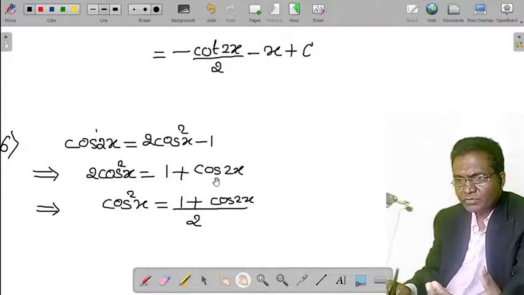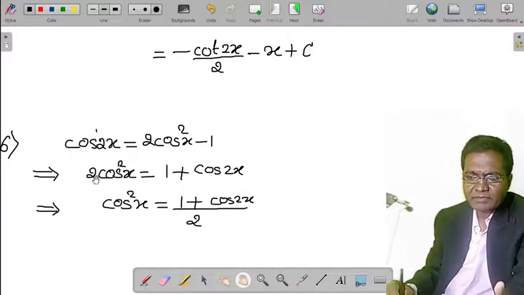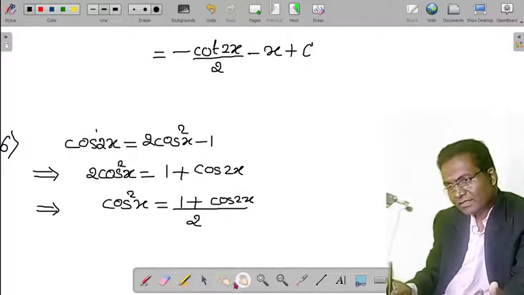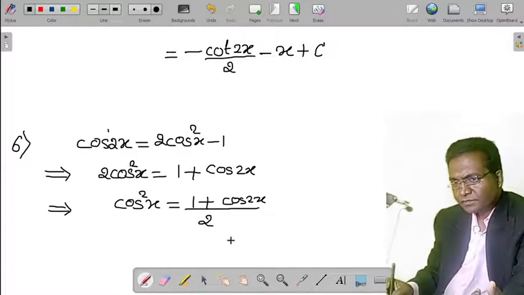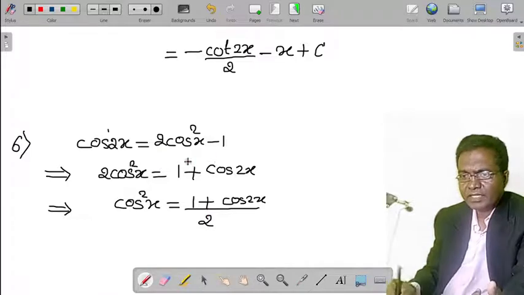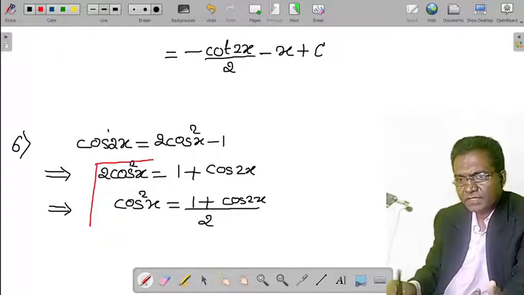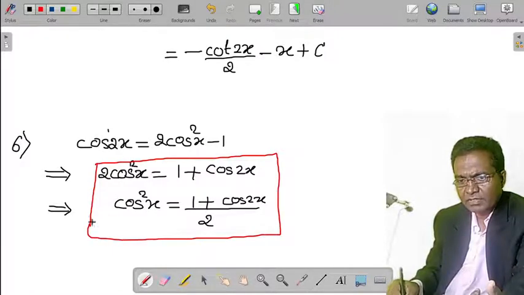Sometimes 1 plus cos 2x has to be replaced by 2 cos square x. Both are important here, so you have to remember this. 1 plus cos 2x means 2 cos square x.